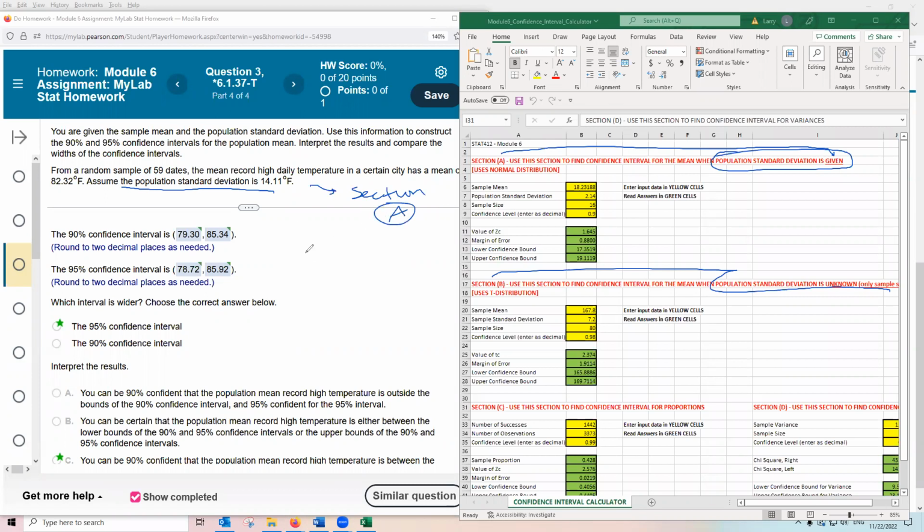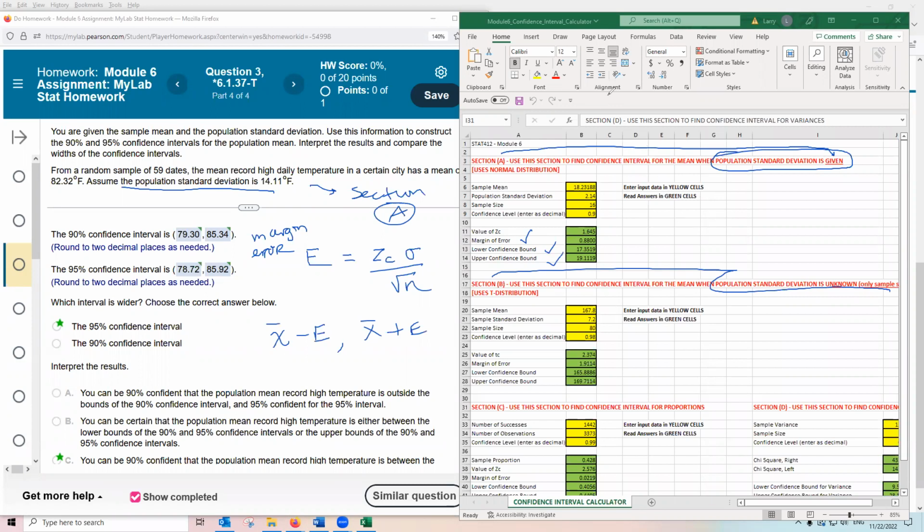Now, behind the scenes, this Excel spreadsheet is calculating the margin of error E using a formula that looks like Z sub C sigma over the square root of N. And that's what this margin of error calculation is doing right here. Then, to form the confidence interval, we're going to take X bar minus E, that's the lower bound, X bar plus E, that's the upper bound. And those are the two answers that are being given there.